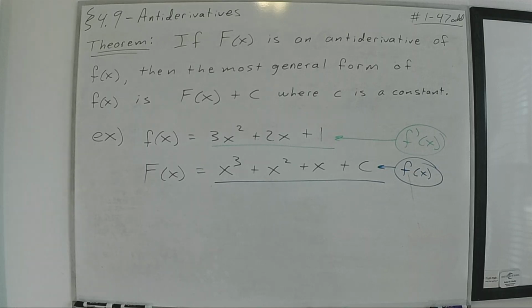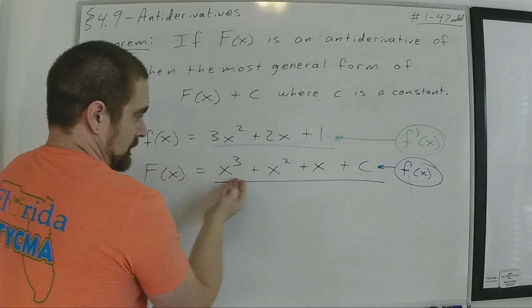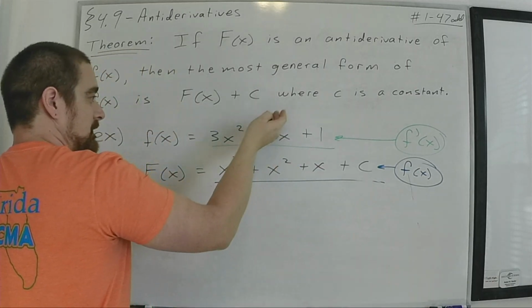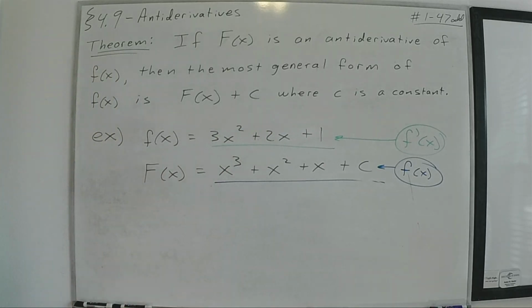So you can see we've got a forward process and a backward process. I could start with this and differentiate to get this, or I can start with this and anti-differentiate to get this, the blue.